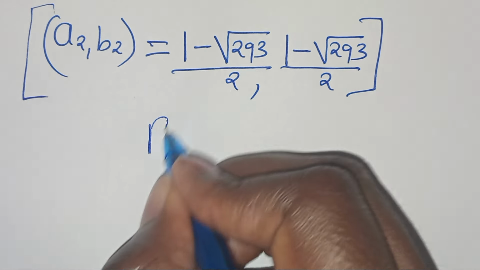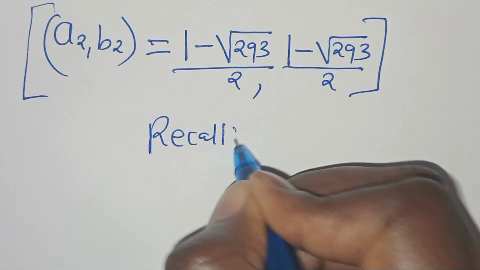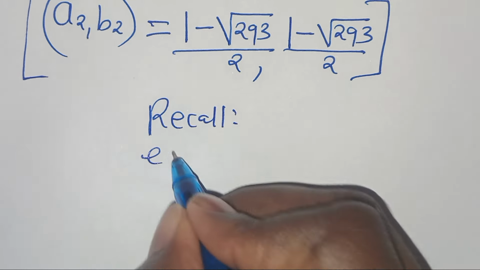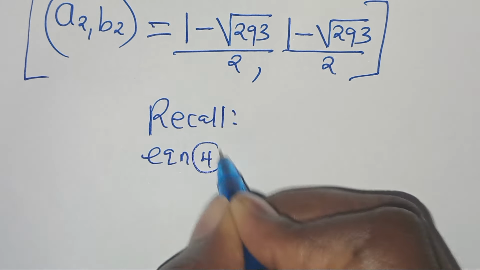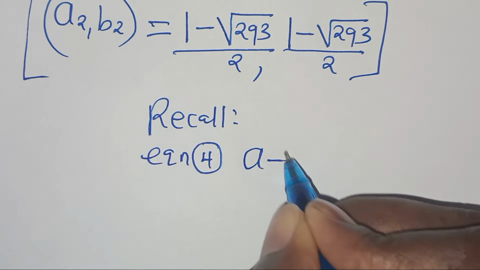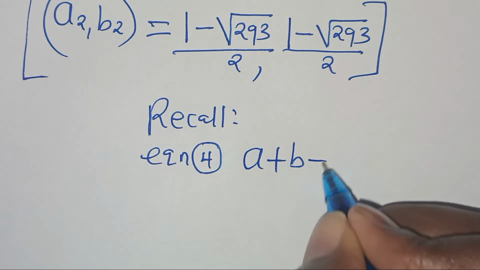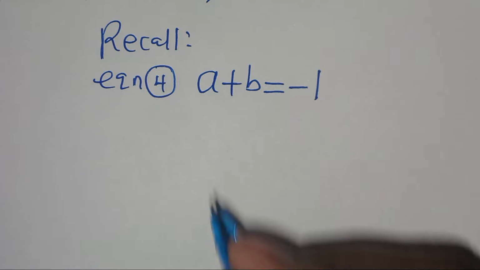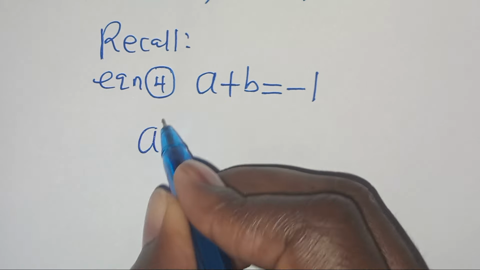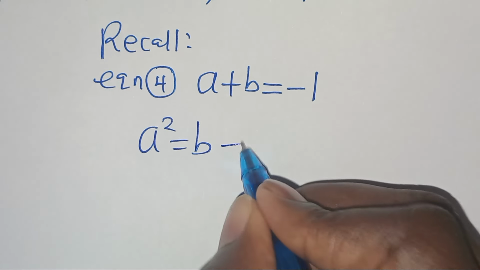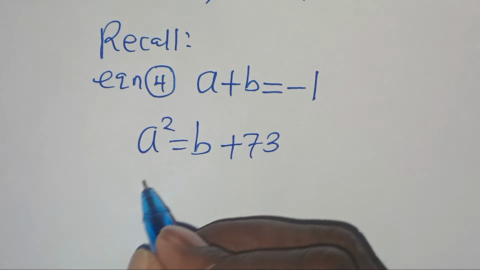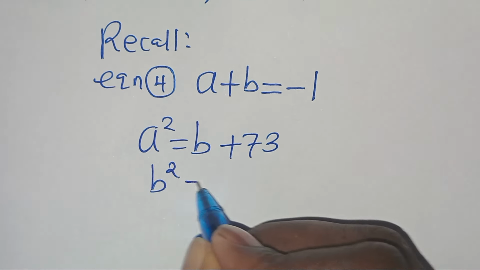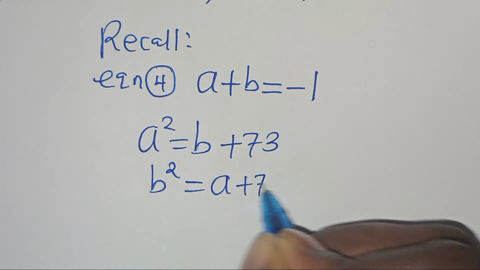Now, if you recall from equation 4, which is a plus b, this is equal to minus 1. And we have equation 1, which is a squared, this is b plus 73. And we have equation 2, which is b squared, this is a plus 73.